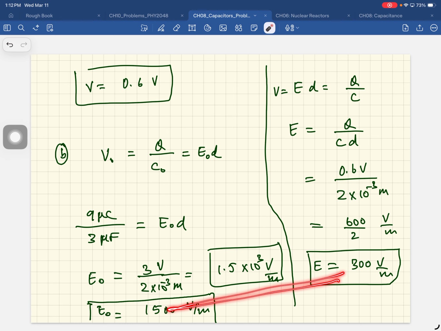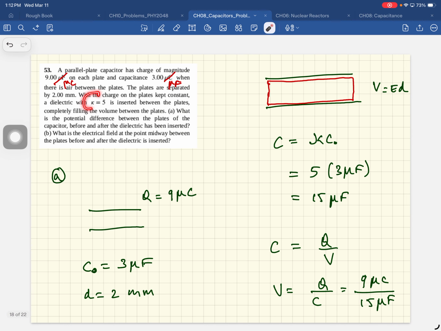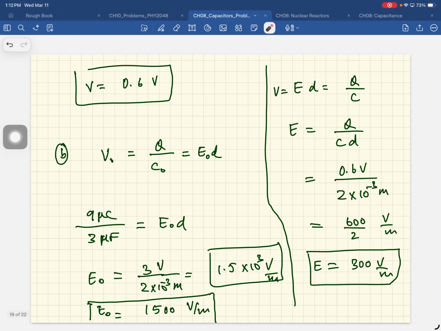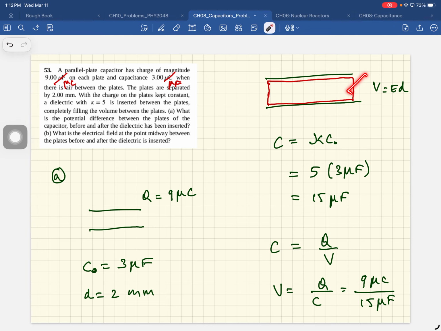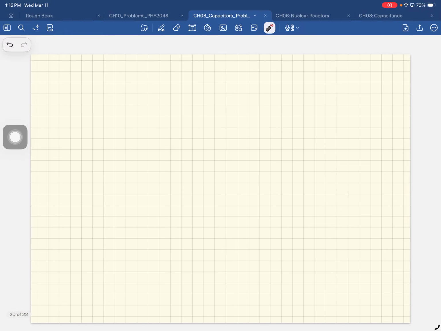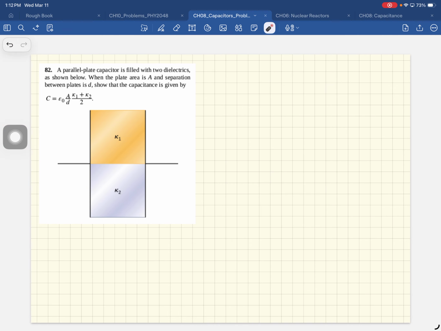Do you see any relationship between them? It reduced by the factor of the dielectric constant. Yeah. All right, so again, a dielectric is an insulator. It does several jobs. First, one of the things it does is it provides mechanical support, prevents the plates from shorting each other. It increases the amount of energy you can store, okay, and so on.